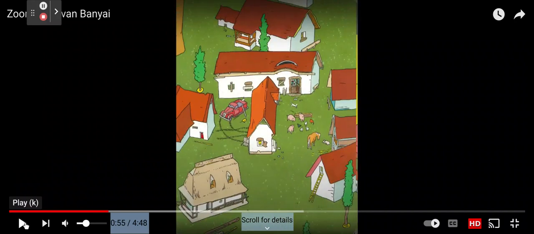Okay, so I was wrong. Now it's showing more houses. So if we're going to talk about facts, we're looking at there are 1, 2, 3, 4, 5, 6, 7 buildings. 6 of the buildings have dark brown roofs.